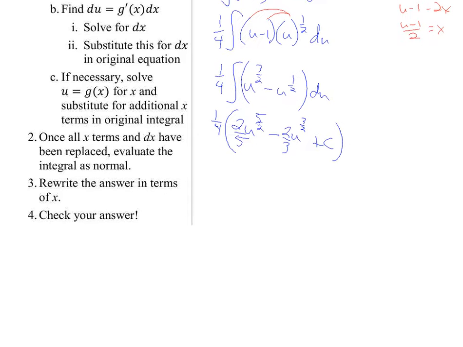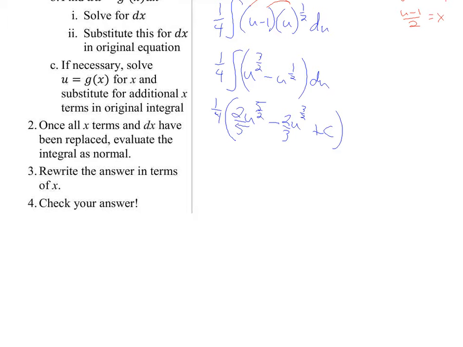If I distribute the 1/4 in, now I have 2/20 u to the 5/2, and then 2/12, so 1/6 u to the 3/2 plus c.